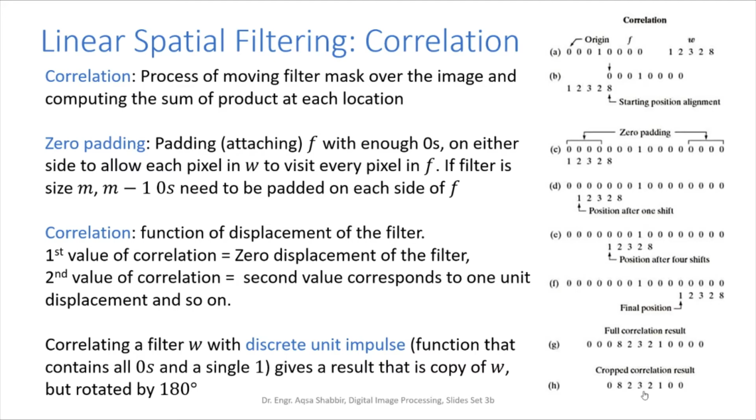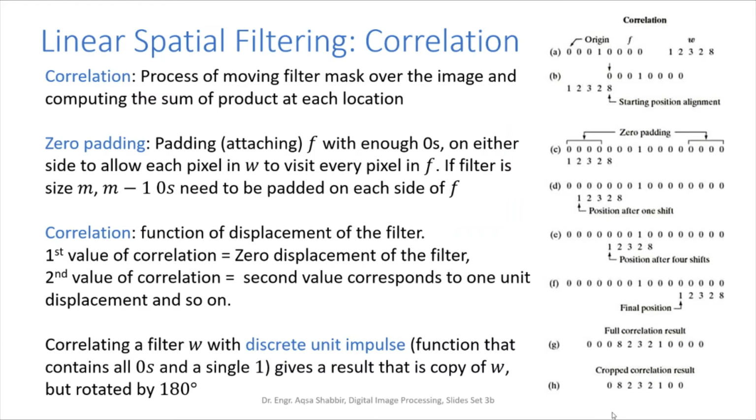In fact, the first non-zero result is when the filter w has been moved 3 positions, in which case the 8 in w overlaps the 1 in f and the result of correlation is 8.